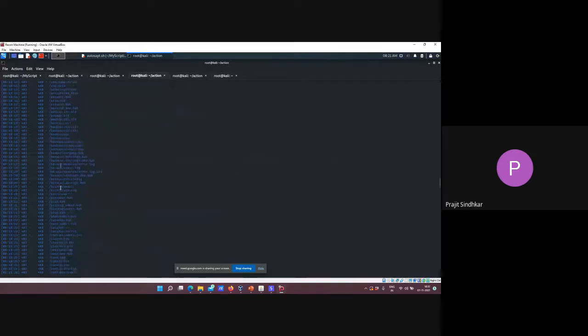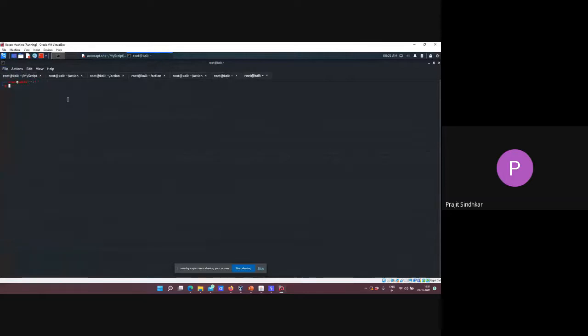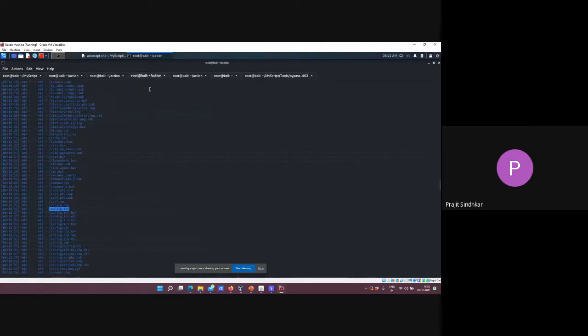Okay, so let's take config.inc. Let's take this. Okay, so here is a bash script with different methods for bypassing 403. So a simple command is there. I have to write bypass-403, then give the target URL.